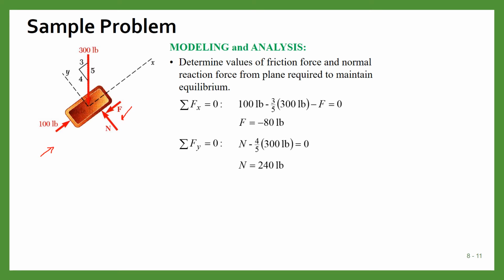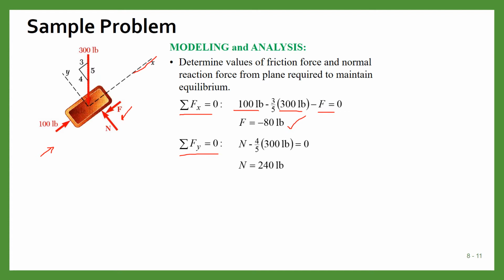Now we are supposing equilibrium, so for equilibrium the summation of Fx will be 0, and the summation of Fy will be 0. Suppose this is our x direction. In the x direction we have the applied force, then we have one component of this weight, and then we have the friction force. From this we can find F is minus 80 pound.